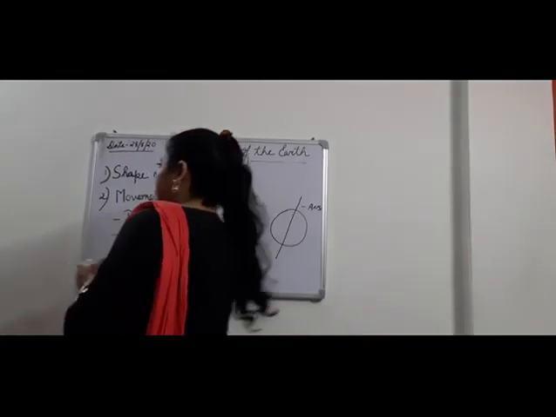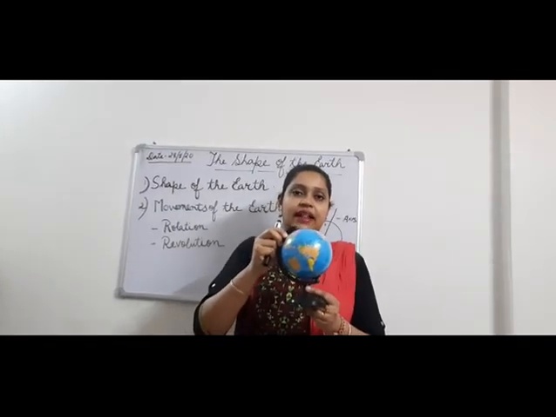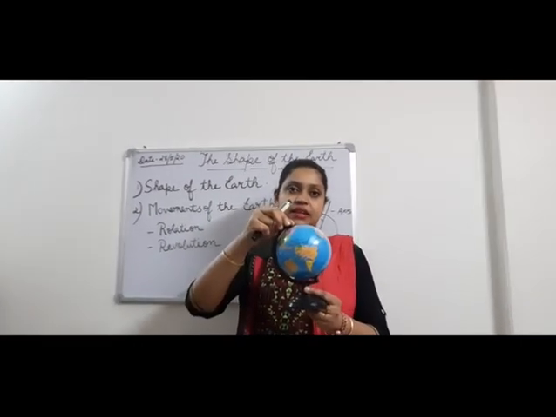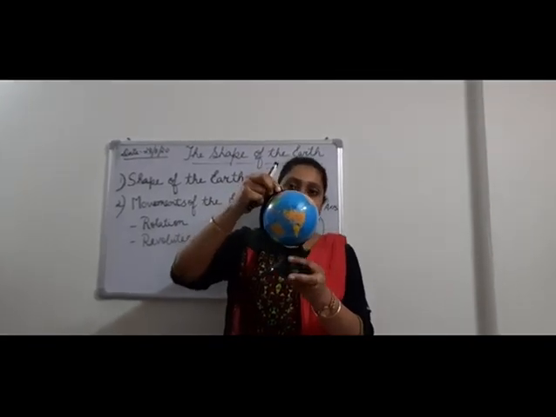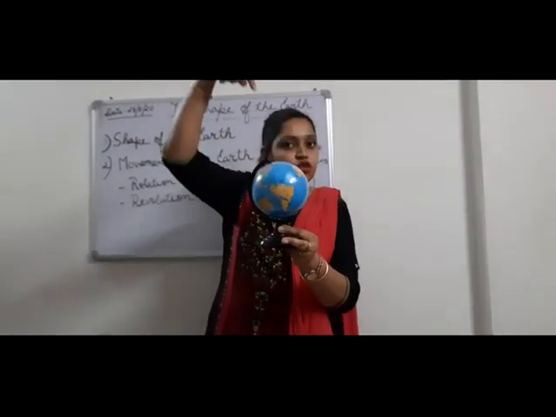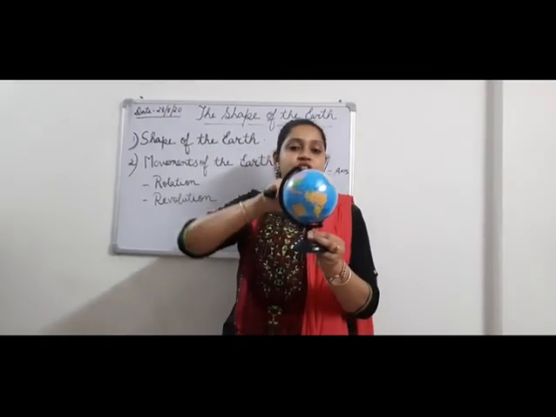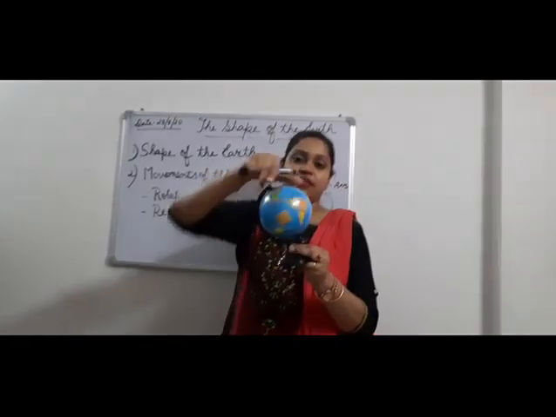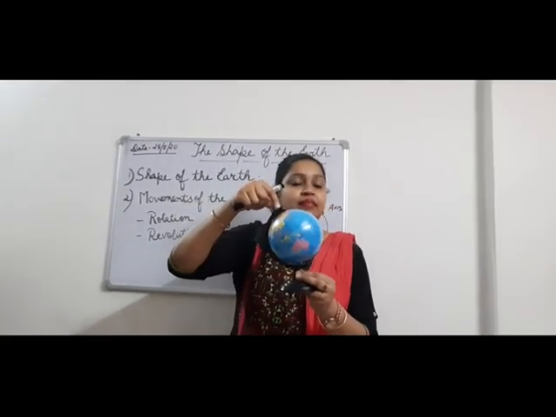Now, suppose this is the earth, and this is the axis, like a metal rod which passes through the earth. What is rotation? This is the movement of the earth on its axis.